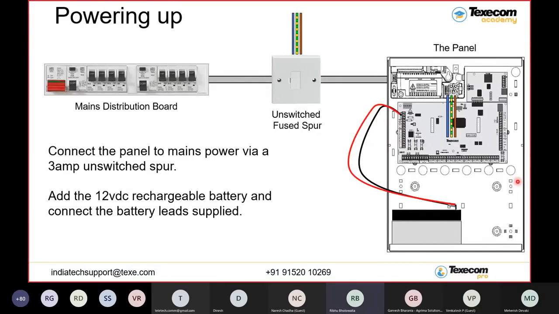This is how you need to connect. Always remember, we have to give AC power first and then connect the battery. Never power up your control panel with battery only. Always give AC first. This is the fundamental of an intrusion detection system.